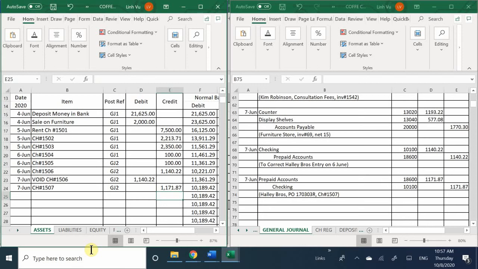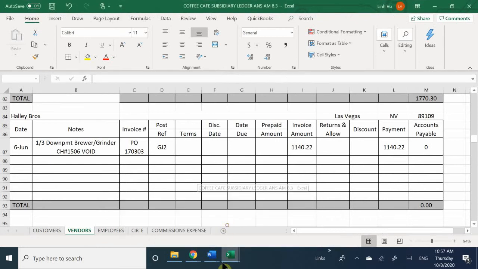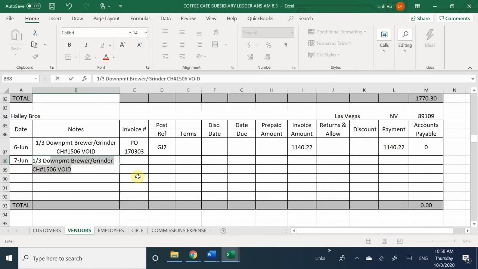All right. Now that we've updated our ledger, the last thing we have to do is place in our brand new transaction here. Same thing's going to happen, except you're going to have a little piece of information that's a little different. In this case, I am going to write 1/3 down payment, brewer/grinder.